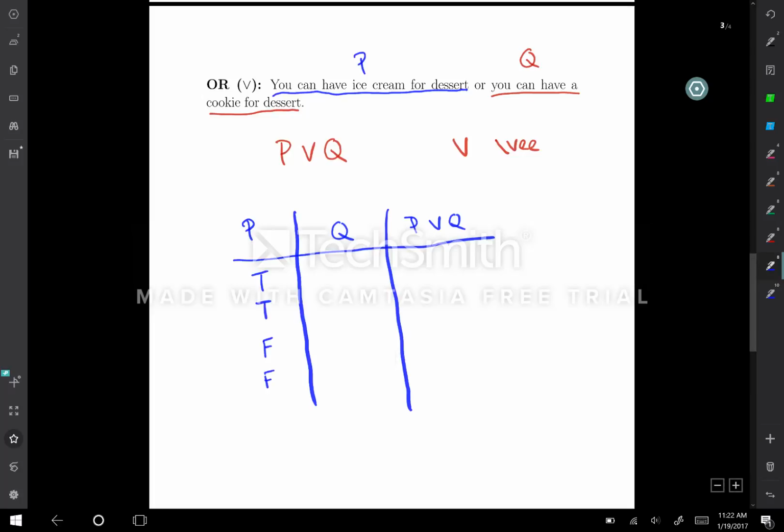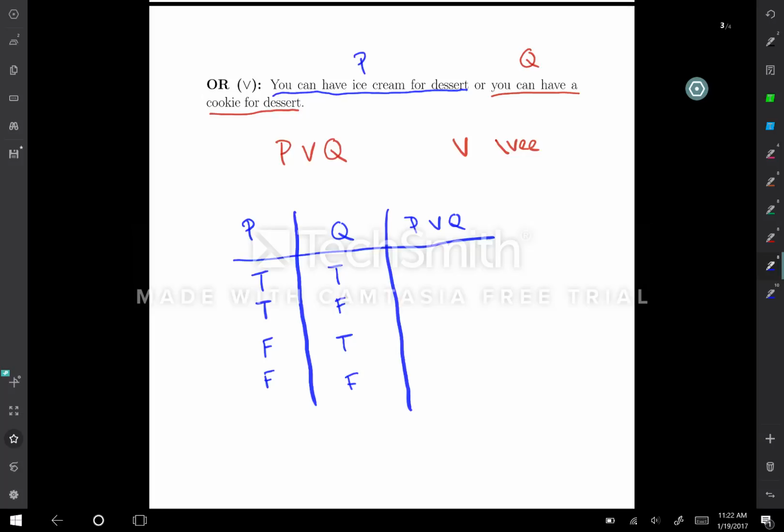So a quick way to enumerate them is to quickly list 2 trues and 2 falses in your first column, then alternating true and false in your second column. This captures all 4 possibilities of when P and Q are true.